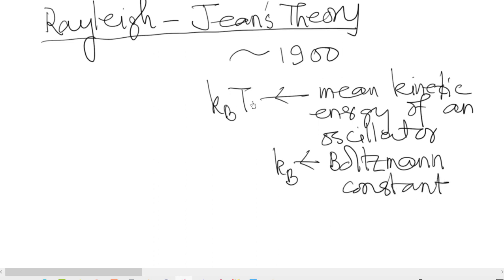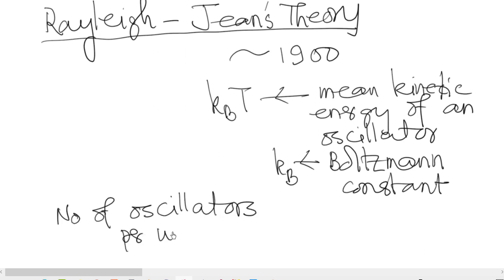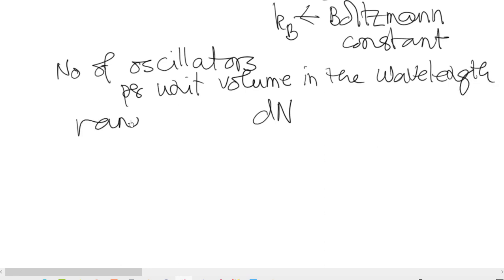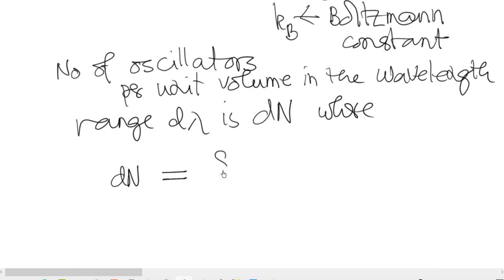As I mentioned, T is the temperature. The number of oscillators per unit volume in the wavelength range d lambda is dn, where it can be shown that dn is 8 pi by lambda to the power 4 d lambda.